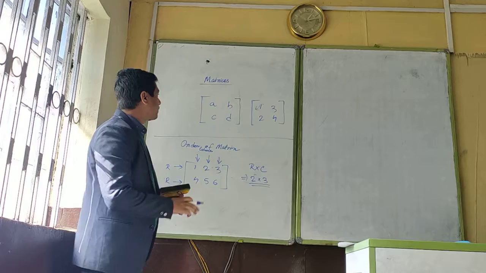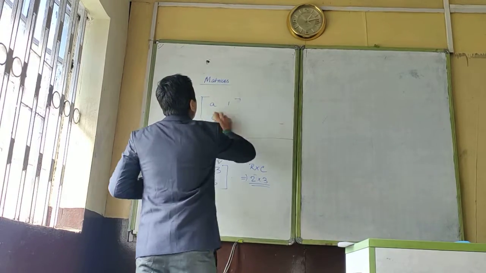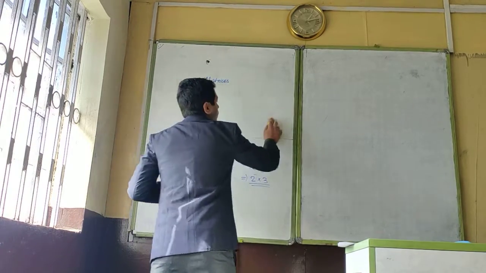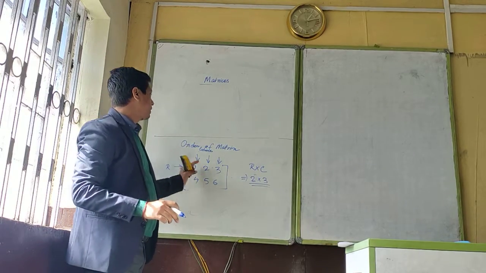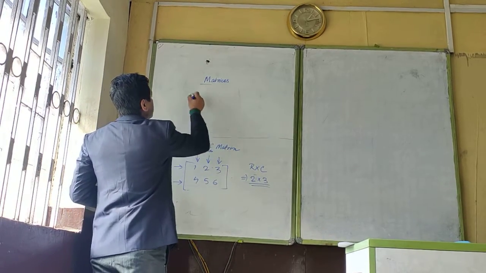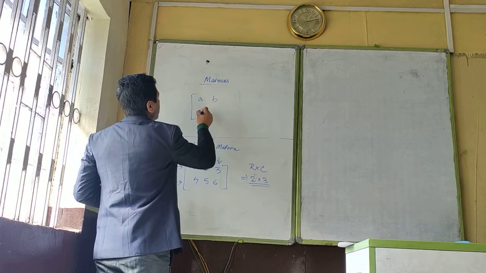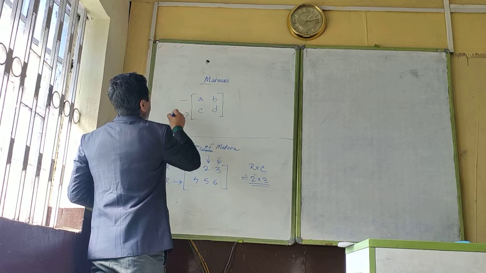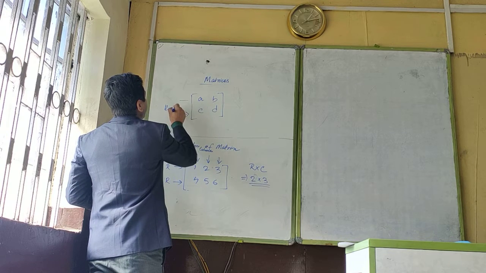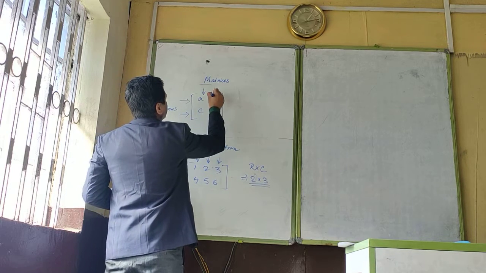Now after this, we will know how to find the number of elements present inside a matrix. Again, let's take one example. These are the rows and these are the columns.